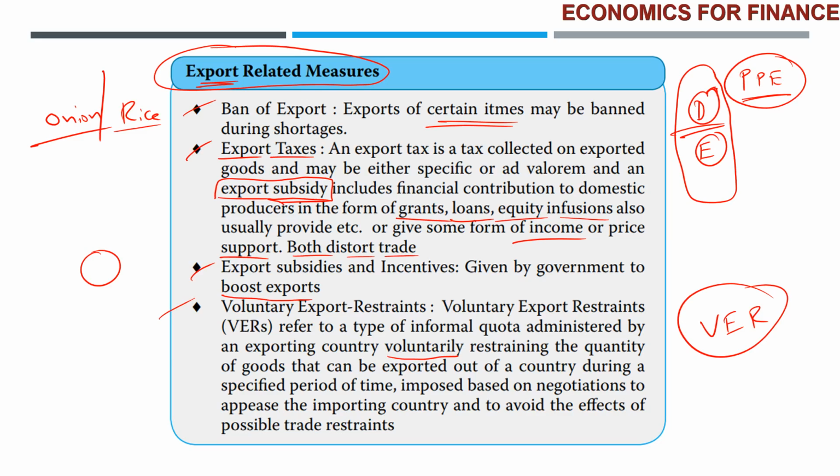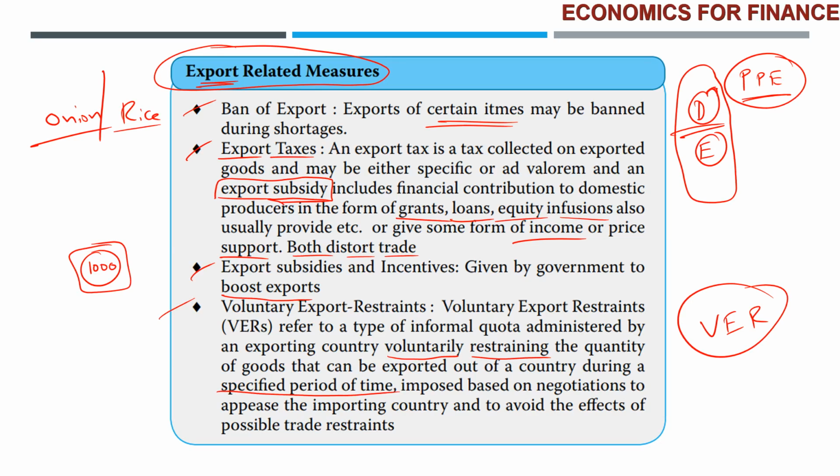Restraining the quantity of the goods that can be exported out of a country during a specified period of time. For example, onion is not banned completely for export. Maximum onions that can be exported in a particular year is limited to 1,000 tons or 1,000 lakh tons only, let us say, imagine some number. If the government says like that, that means it is a voluntary export restraint.